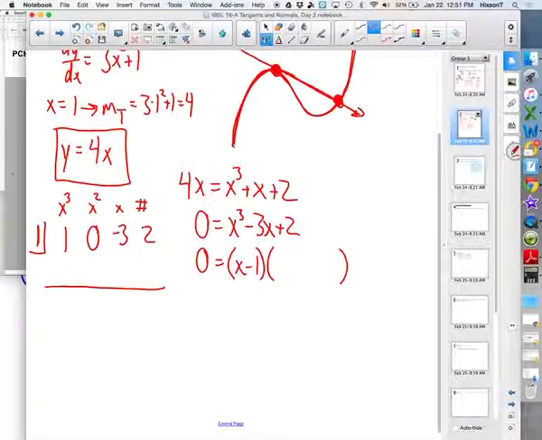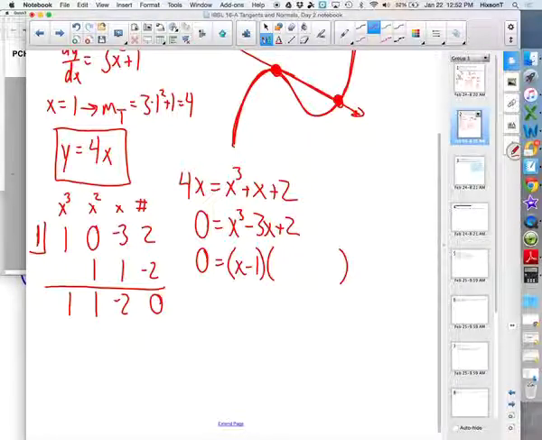So 1 plus 0 is 1. Then you multiply over: 1 times 1 is 1. Now we add down, multiply over, add down, multiply over, add down. And I knew I was going to get a 0 here because I knew this was a root, so I should have gotten a remainder of 0.